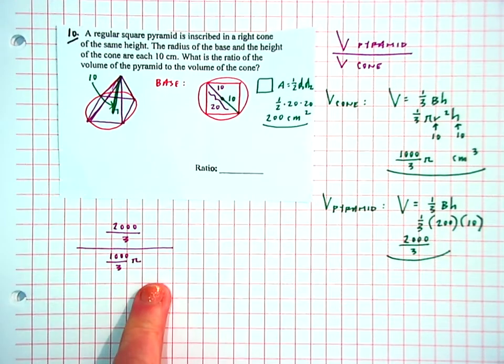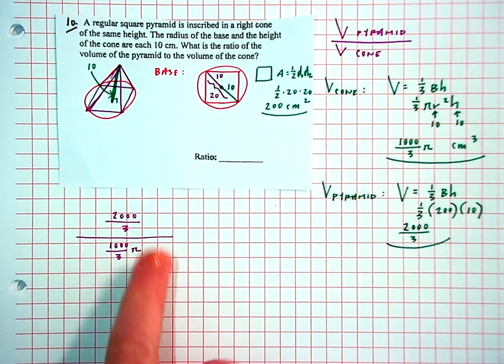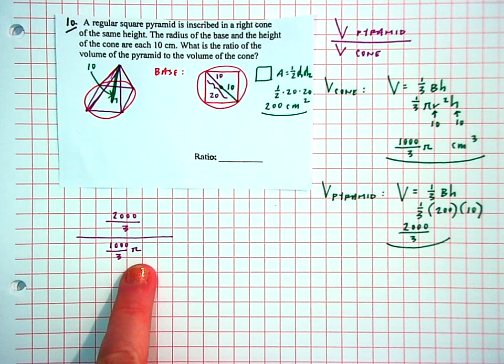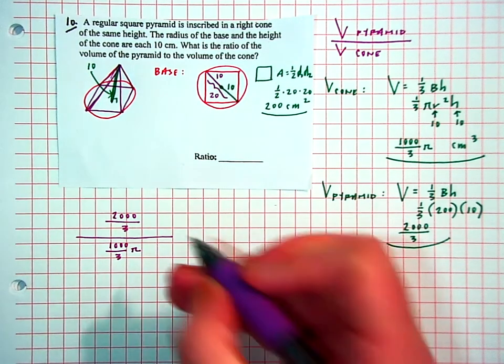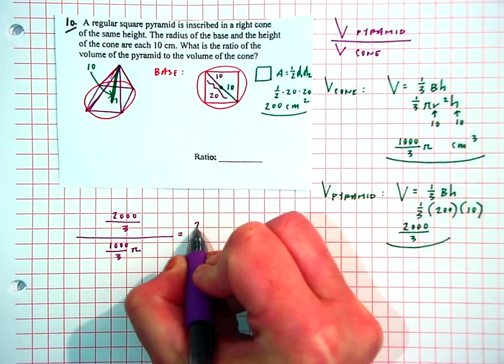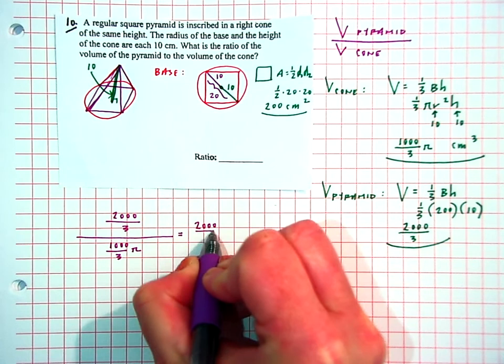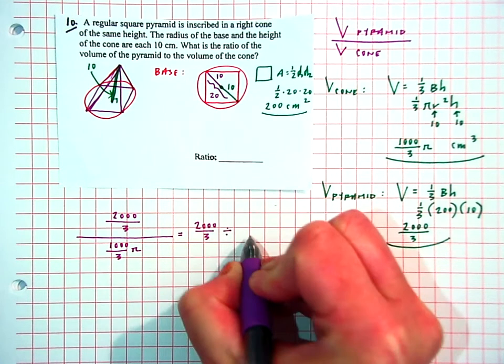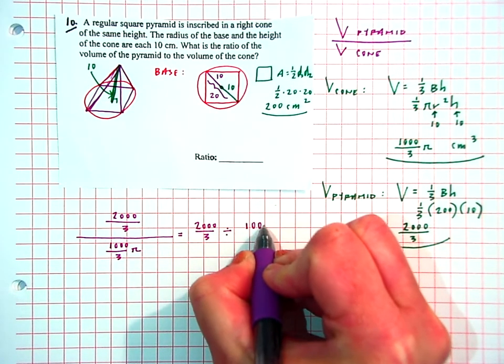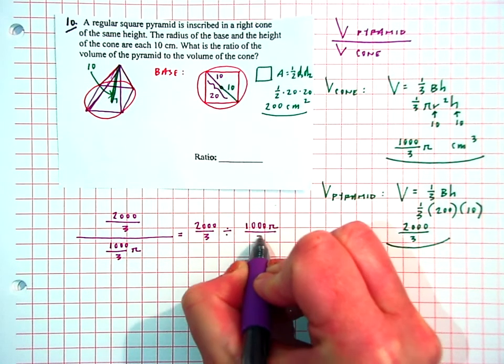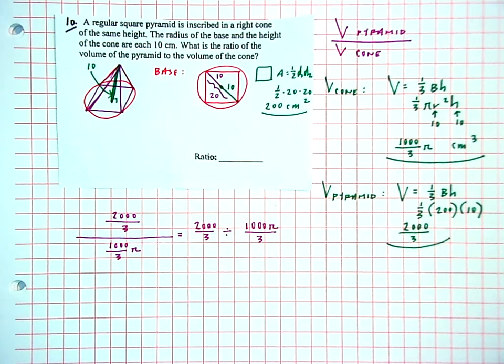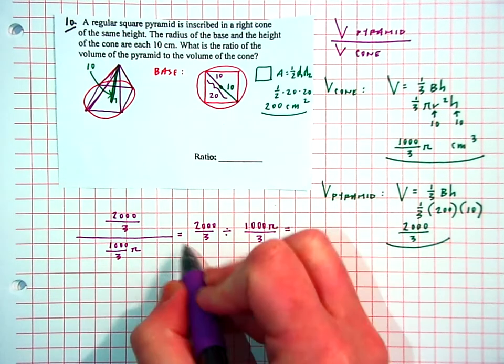So I've written it as a complex fraction, a fraction over a fraction like that. It's easier to visualize this as 2,000 thirds divided by 1,000 pi thirds. Then make it a multiplication problem.